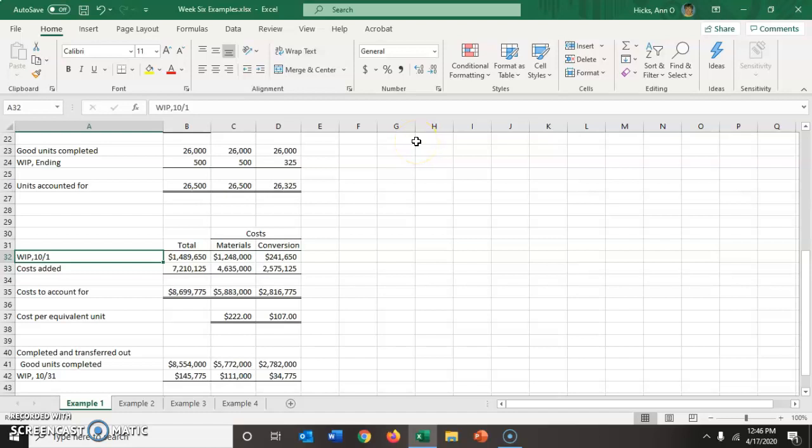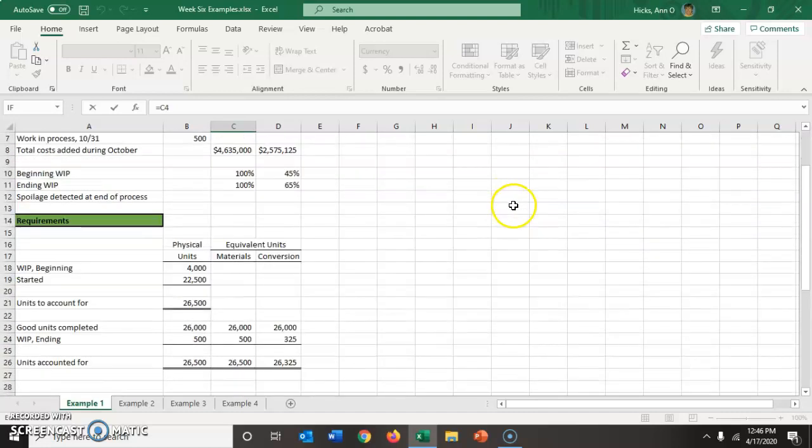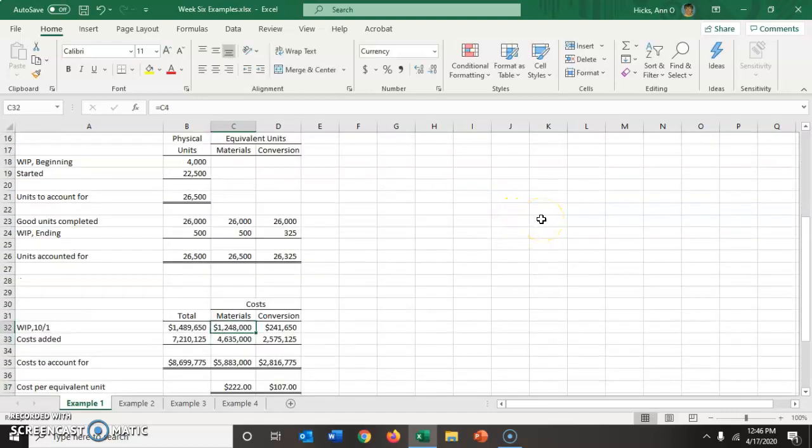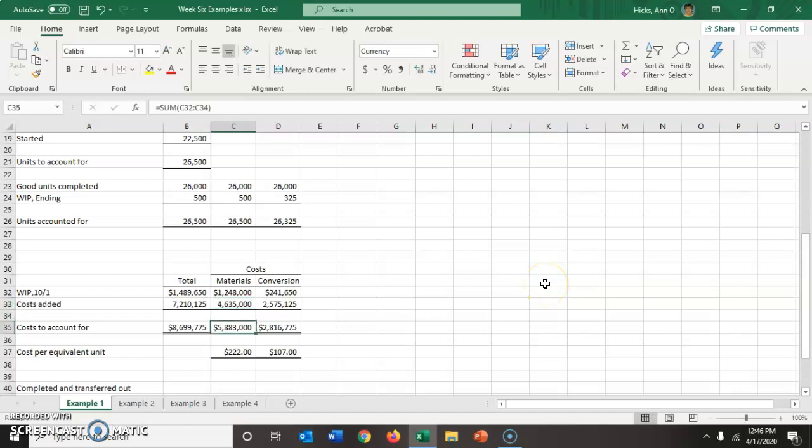So we're going to accumulate all of our costs. We have beginning WIP, which just comes from the costs above that I gave us. And then we have the costs that were added during the year, which also comes from above, which means in total we have $5,883,000 in materials, $2,816,775 in conversion costs, which gives us a grand total of $8,699,775.